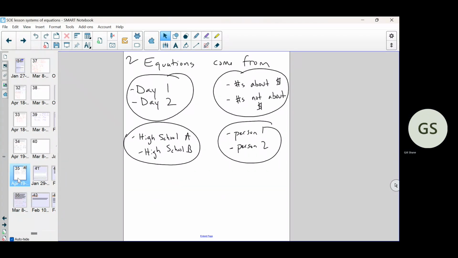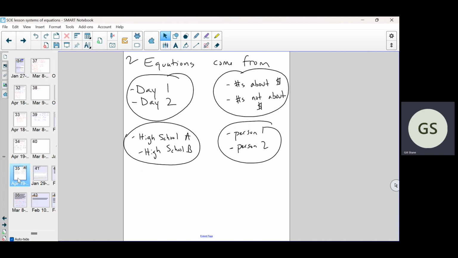So they might separate out a scenario where you pay this much one month. So that's one of your equations for that month. And then the next month you pay a different amount. So that's how the equations would be separated out, like by August and September or whatever the months are. So over here, we said sometimes there's going to be numbers about money and numbers not about money.